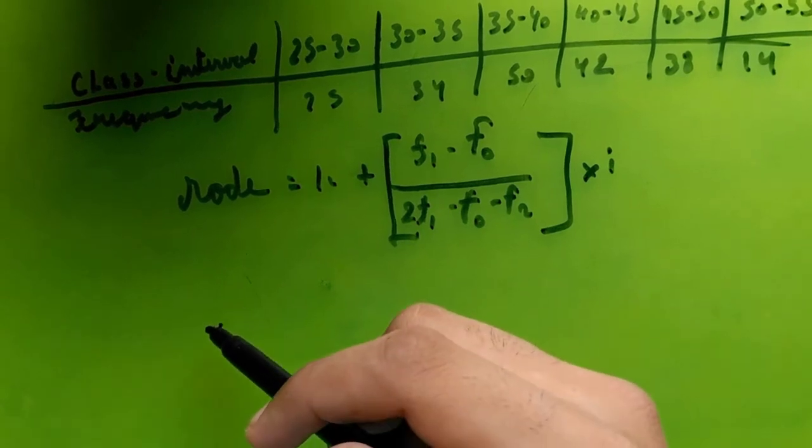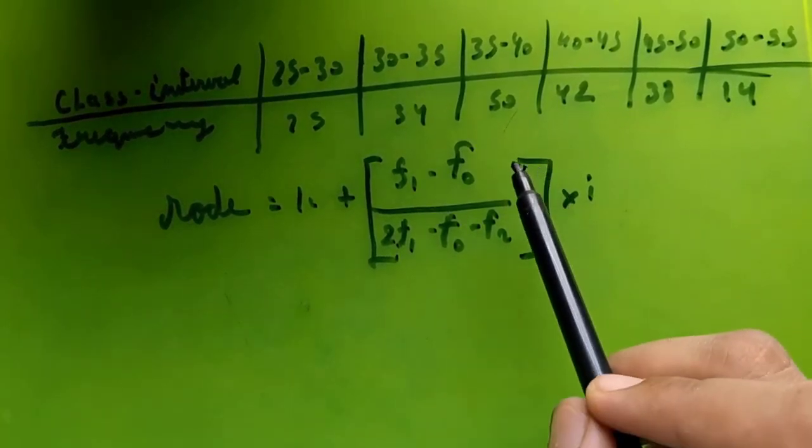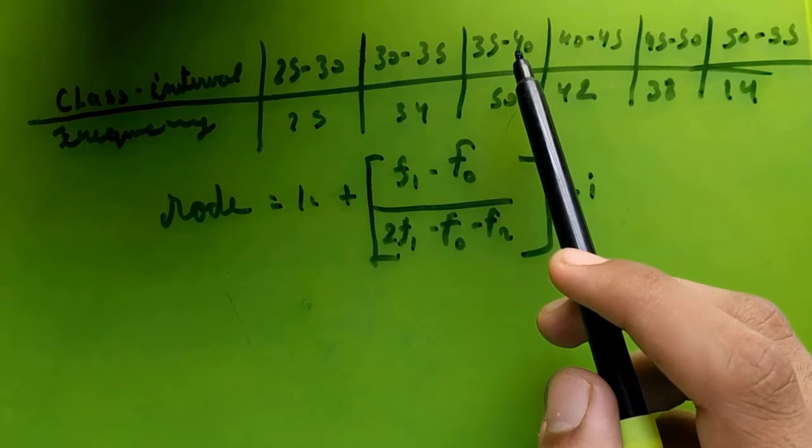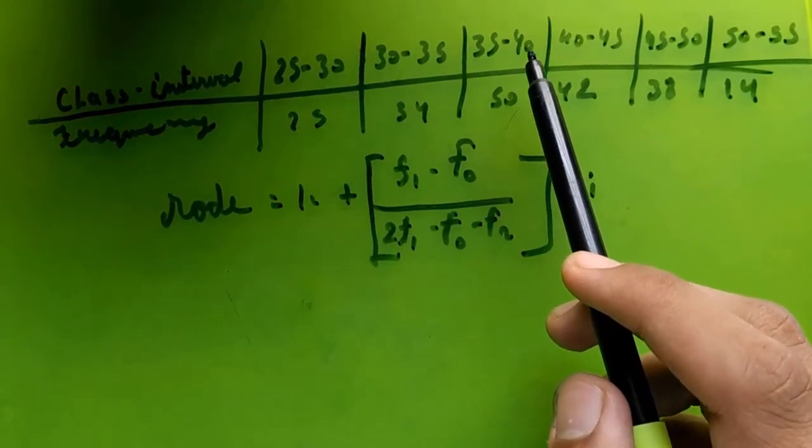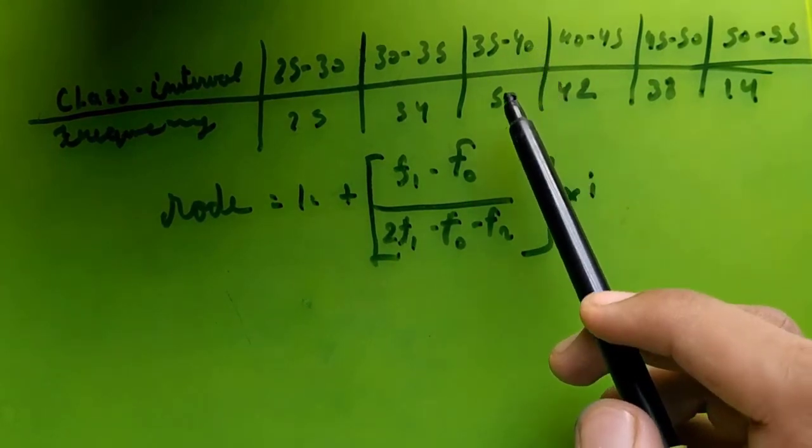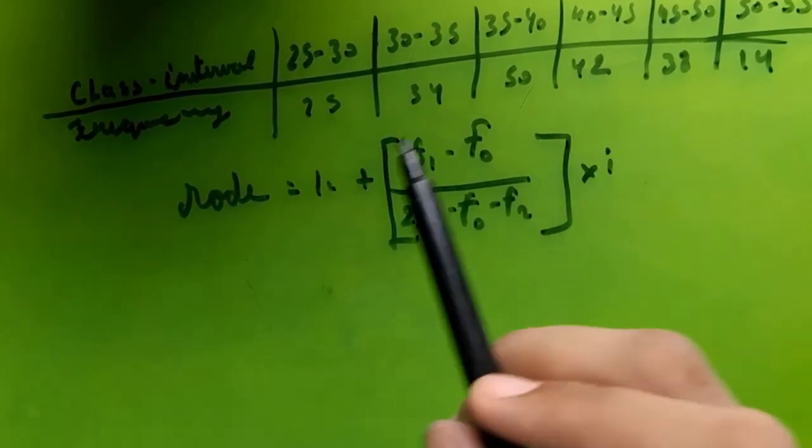What is the modal class here? We know that the class 35 to 40 has the highest frequency, which is 50.